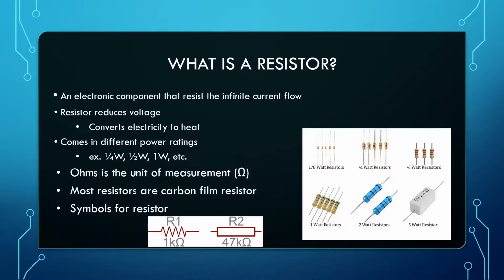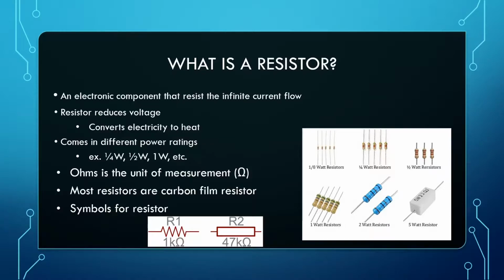A resistor, if put in series, reduces voltage. It also converts electricity to heat when it passes through the resistor. And it comes in different power ratings. What I mean by power ratings is that if it goes above a certain power rating, your resistor is more likely to burn. For example, with a 1/4 watt resistor, which I have, if it stays at or below 1/4 watt, you're fine.